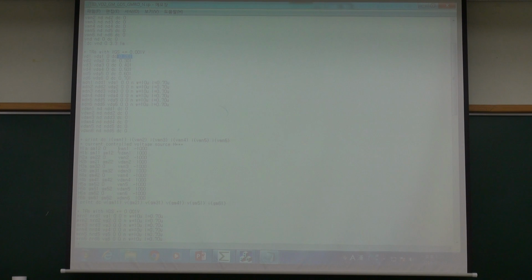It means the current of this voltage source VMN1, which is I1, is converted into a voltage drop across these two nodes, GM12 and 0. So the voltage drop between GM12 and 0 is the current of this voltage source Vmn1 times minus 1000.